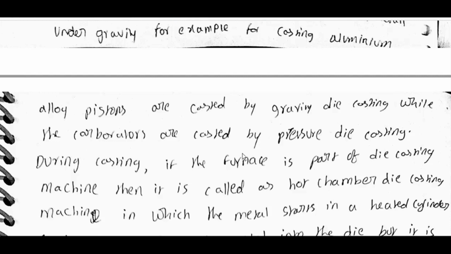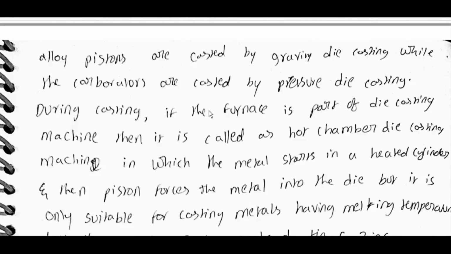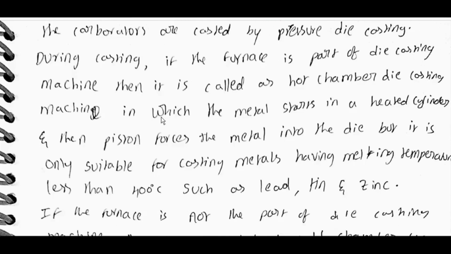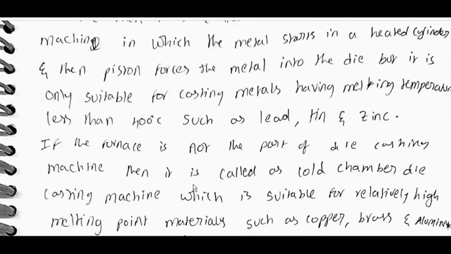During casting, if the furnace is part of the die casting machine, then it is called hot chamber die casting, a machine in which metal starts in a heated cylinder and a piston forces the metal into the die, but it is only suitable for casting metals having melting temperature less than 400 degrees centigrade, such as lead, tin, zinc.